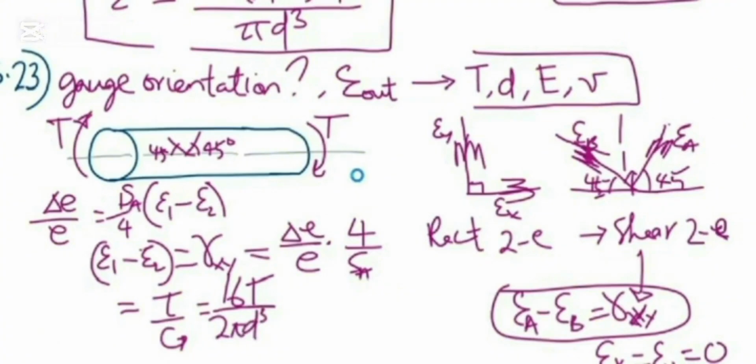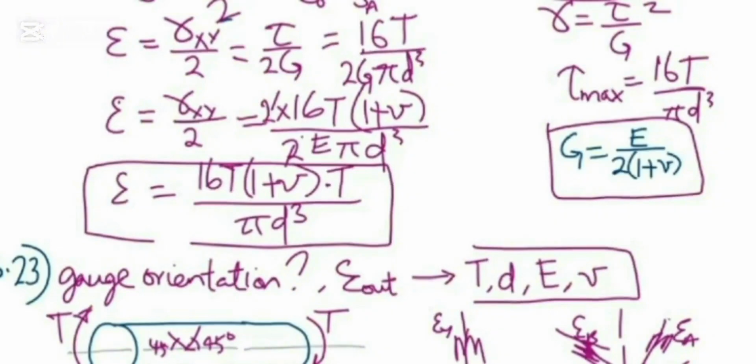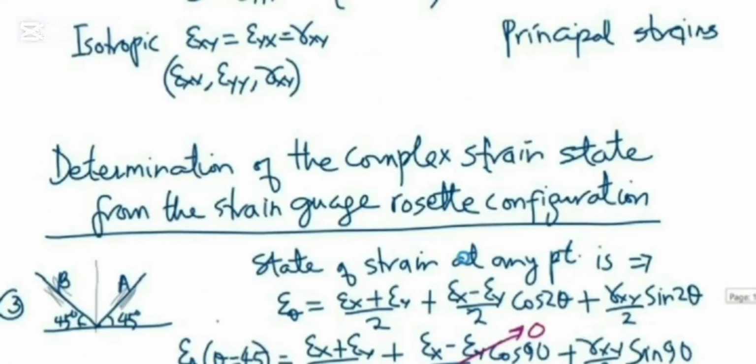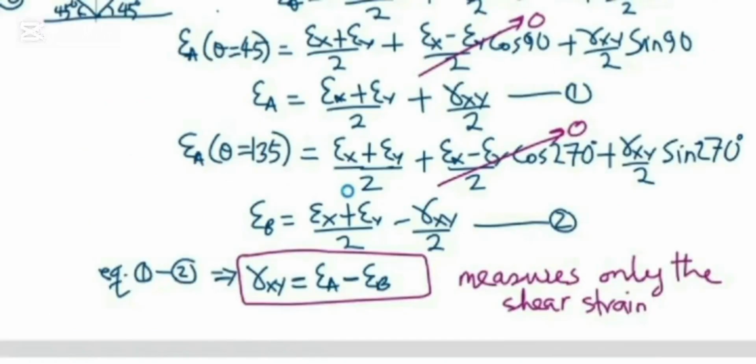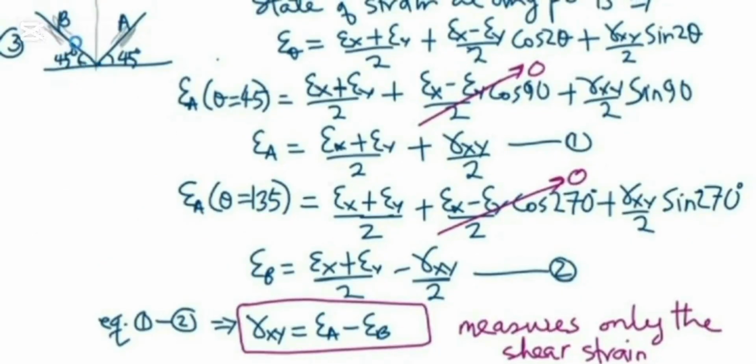Because here we see, we have 2 arrangement of the strain gauges. Okay. Yes, since we have 2 arrangement of the strain gauges, and if you prove the equation correctly, let me go back to the equation. This is it here. When you have 2 arrangement at 45 degrees, what are we going to have? Only the shear strain, because it's in torsion, so we have to relate it with shear strain.